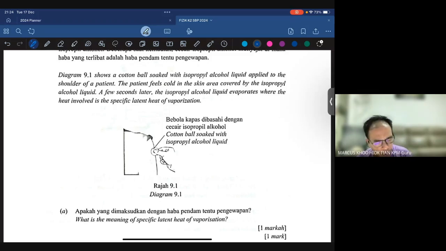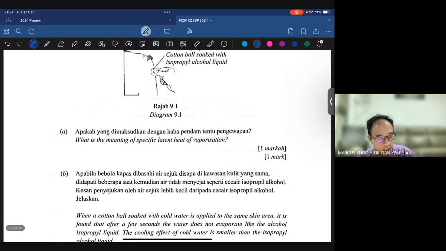So, the specific latent heat of vaporization is the quantity of heat. Okay, quantity haba yang diperlukan, quantity of heat needed, okay, to change liquid to gas.